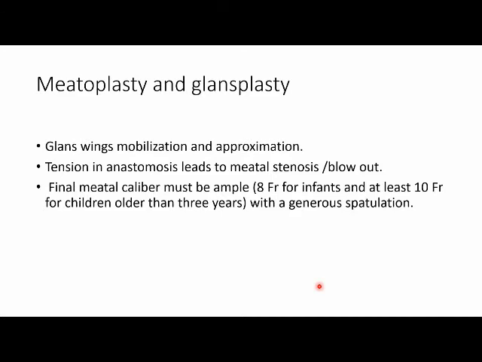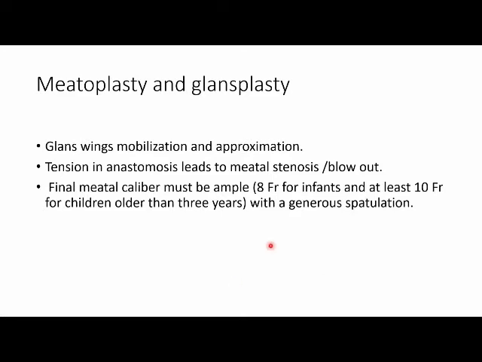Whenever you are doing a meatoplasty, the main thing to keep in mind is that you need to spatulate the distal end of the urethra rather than going with a circular meatoplasty, because the chances of meatal stenosis will be more if you end it as a circular meatoplasty. So always try to spatulate it so that the stenosis risk will be less.